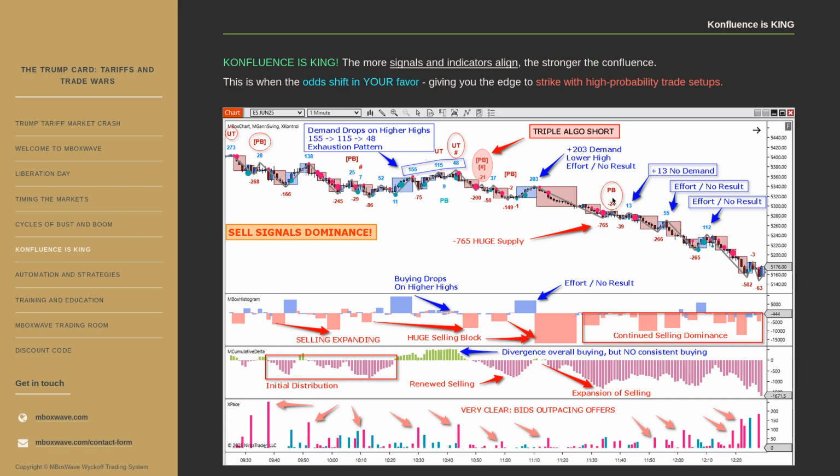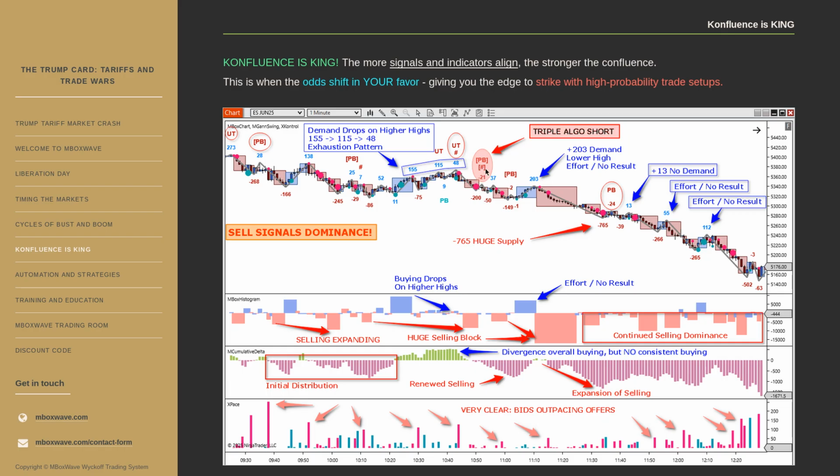But I recommend you look at the other analysis in order for it to be an even higher probability trade. I'm just highlighting that the ones that I circled would have worked out, those short positions, without even looking at any other analysis. Anyway, we got a triple algo short, which means we got a double algo with a sell imbalance here. So that's a strong signal.